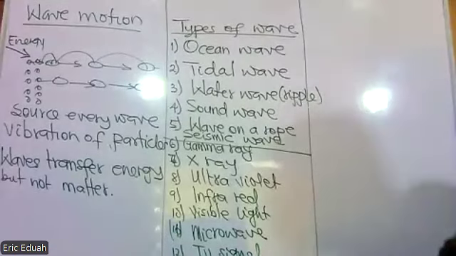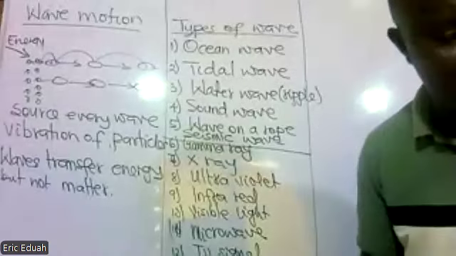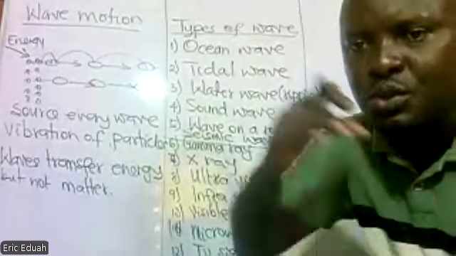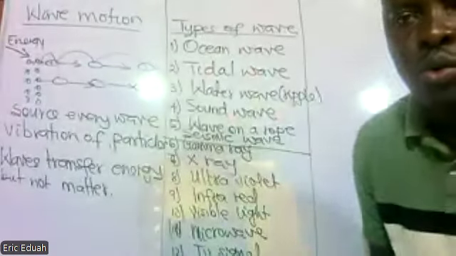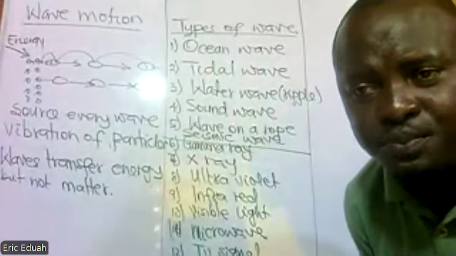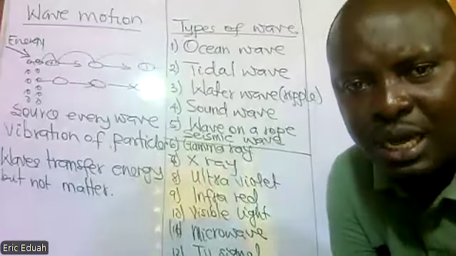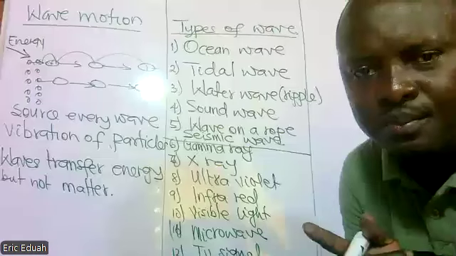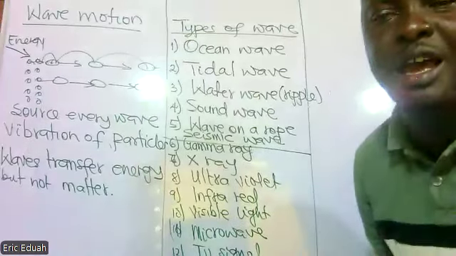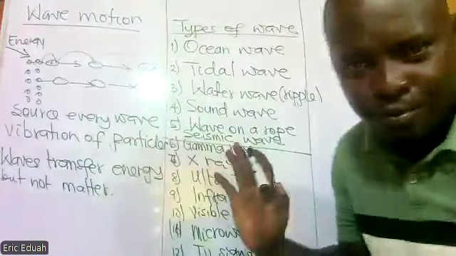We are going to classify these waves based on the fact that when the wave is propagated from one point to another point, will it require a medium? Similar to human beings, if I'm to move from one town to another town, in my mode of movement, will I require a vehicle, or can I just move through the air and go?